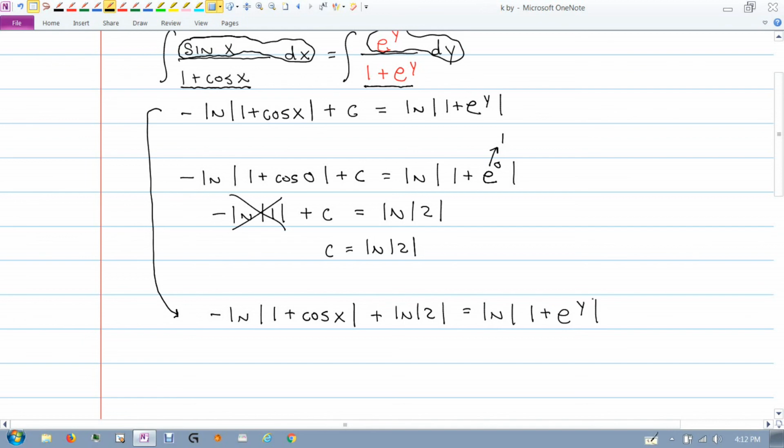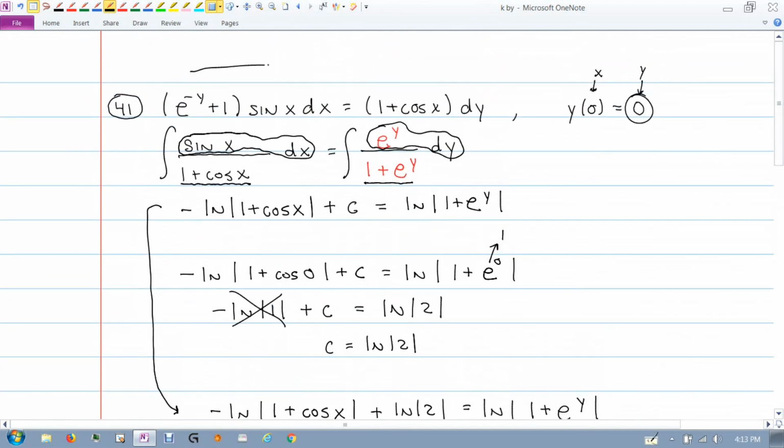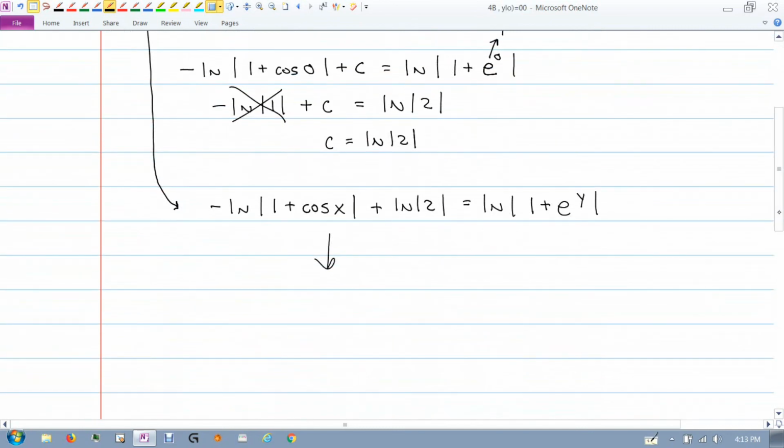So that when we take the derivative of this, we know that it will actually be a solution to this equation. But simultaneously, it satisfies the condition that y of 0 equals 0, so that when I plug 0 in here for x and for y, we get a true statement. So that is it.